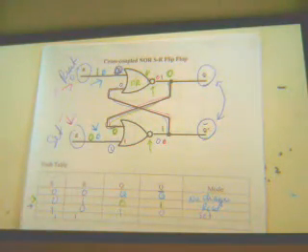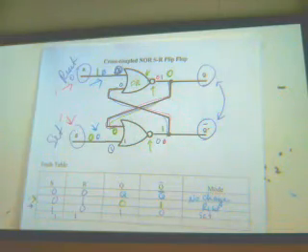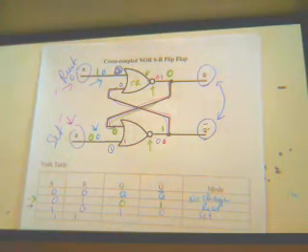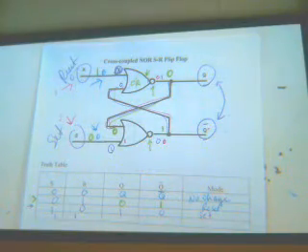Okay, so what's actually Q and Q naught going to be? This is a trick question. Is there any way you can truly determine what Q and Q naught are going to be?